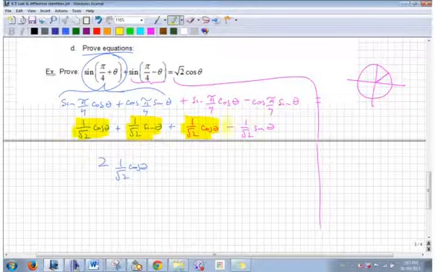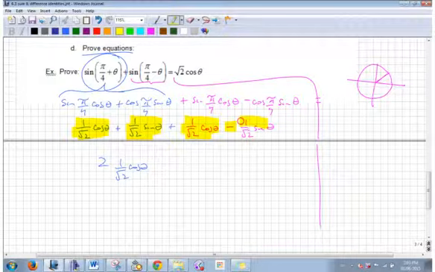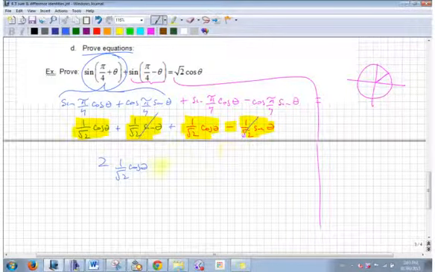I got one there, and then I'm going to take it away. So I have 2 of those. In other words, I got 2 over root 2 cosine theta.